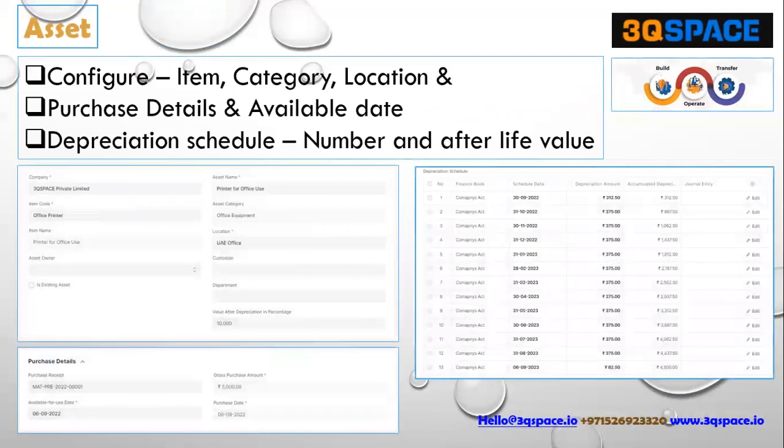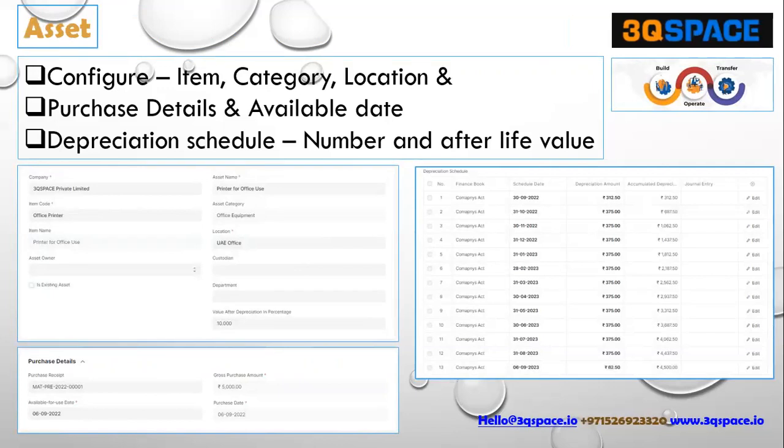Then to create and maintain an asset and the related depreciation, we do all the configuration within the asset doc type. So basically in the asset doc type, first we associate the item, the asset category, and the location.